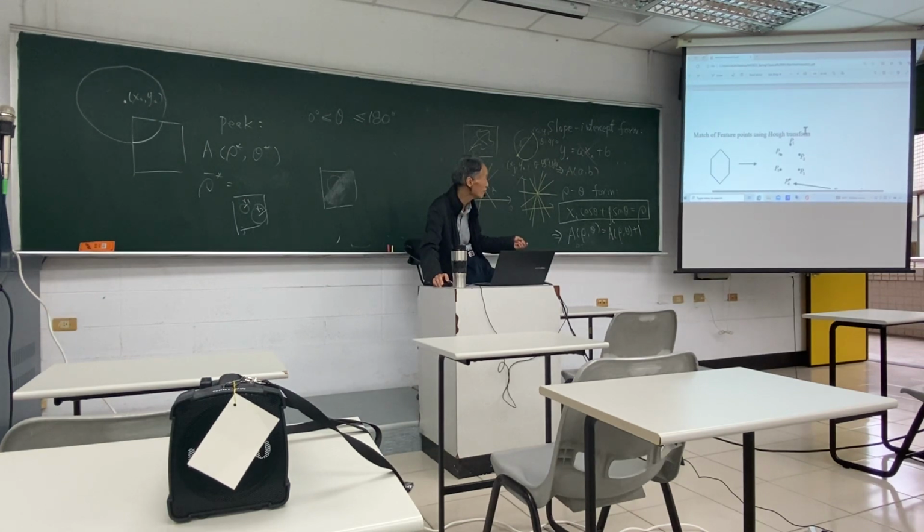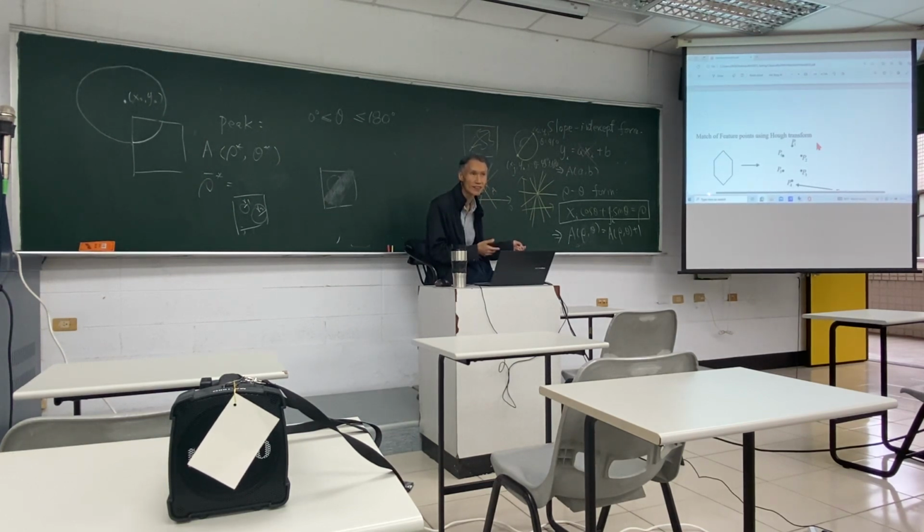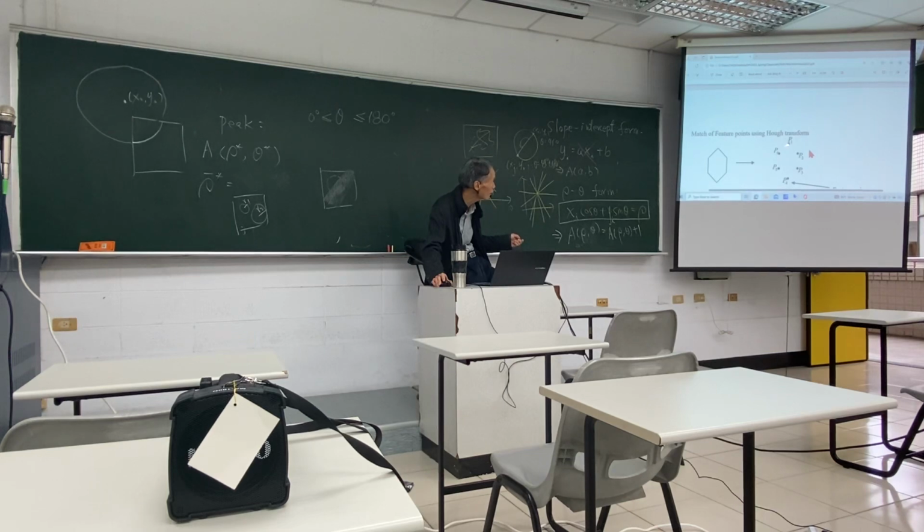I won't say anything more here, but the idea is you can identify something for this. For example, if you have a shape like this, it cannot be expressed by a parameter. There's no way. It's not a line or a circle, so you identify the corners first.